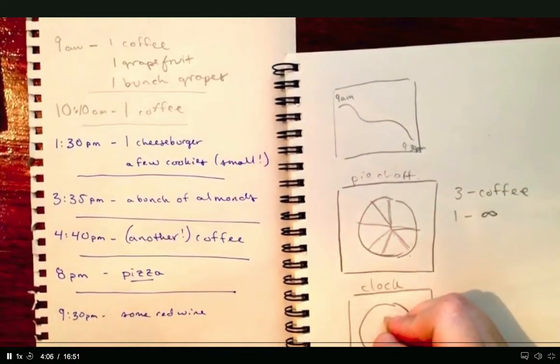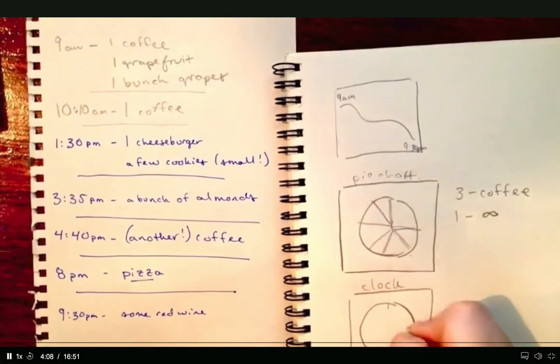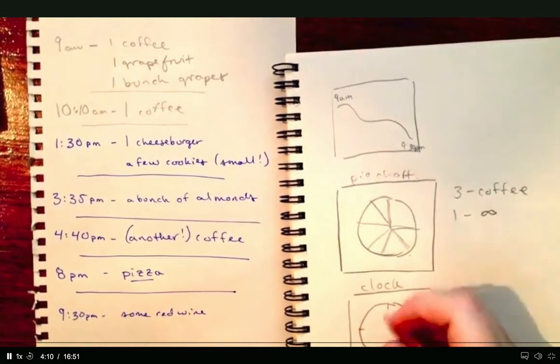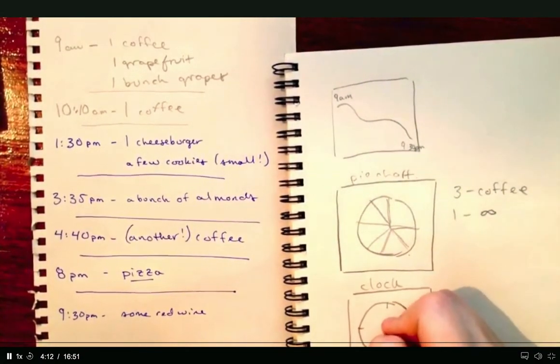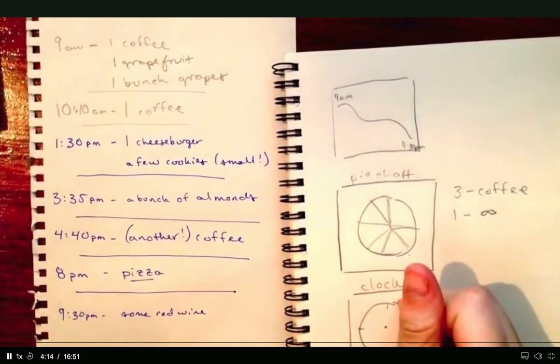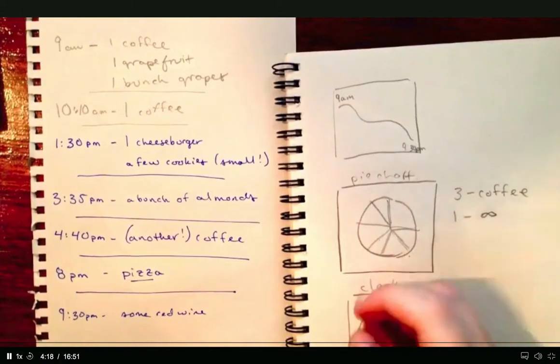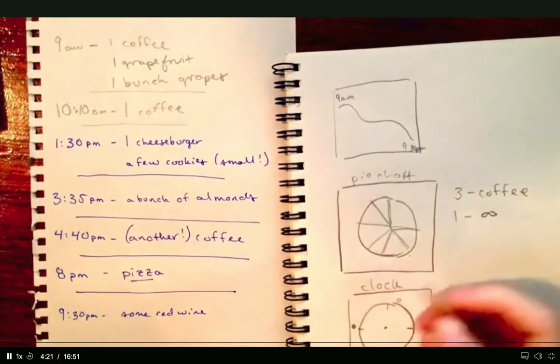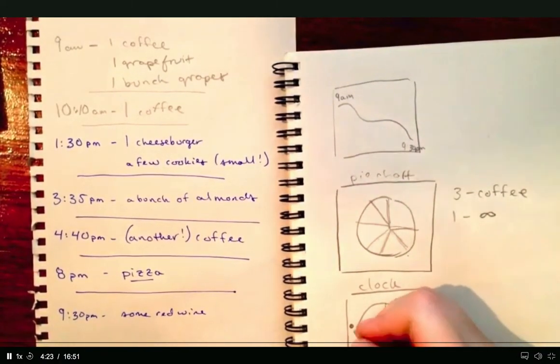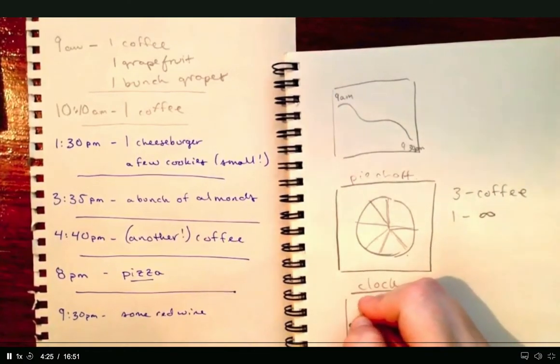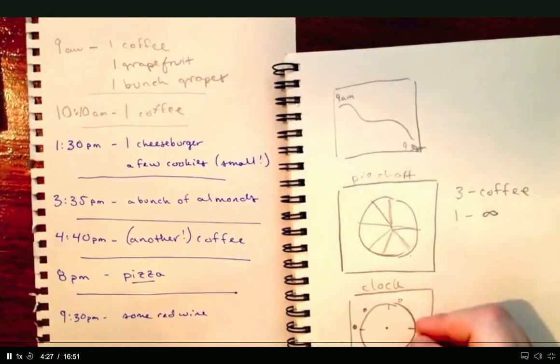Then at the different times, I can mark off different things. So coffee was here, grapefruit, another coffee here, 1:30 p.m.